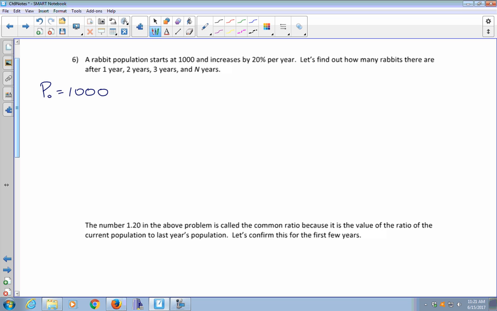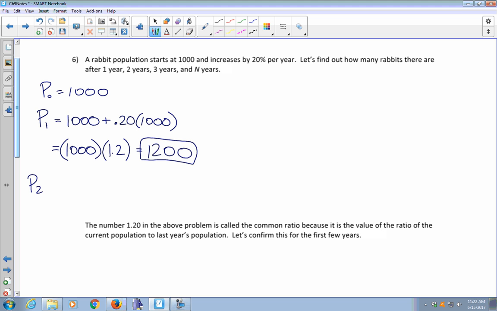That's our initial population. 1 year later, to increase by 20%, I have to keep my original amount, 1,000, plus 20% of 1,000. Or I could say, well, take my 1,000 and multiply it by 1.2. The 1 because I'm keeping 100% of my original 1,000, and the 0.2 because I need 20% more. So P1 is going to come out to 1,200 rabbits.